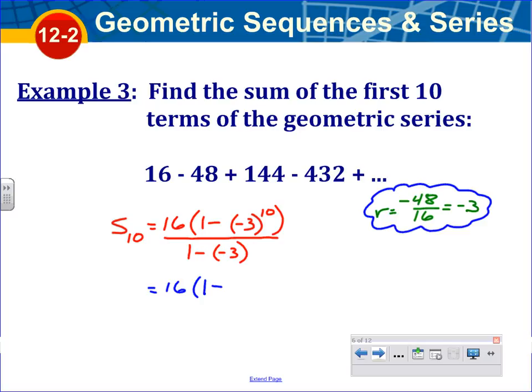So it's going to be 1 minus, and then this is a 59,049. That part's right. And then I'm dividing by 1 plus 3, which I will eventually turn into 4. All right, so then I'm going to subtract. I have 1 minus that 59,049.